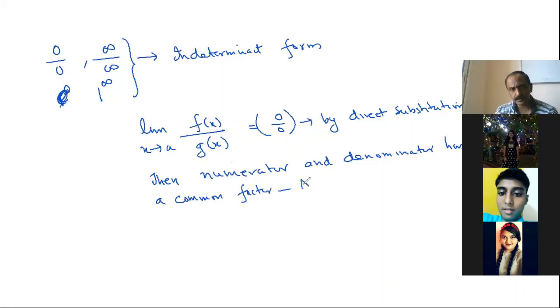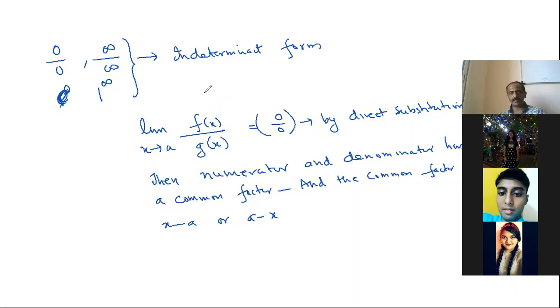And the common factor is either x minus a or a minus x. The difference between these two will be the common factor.